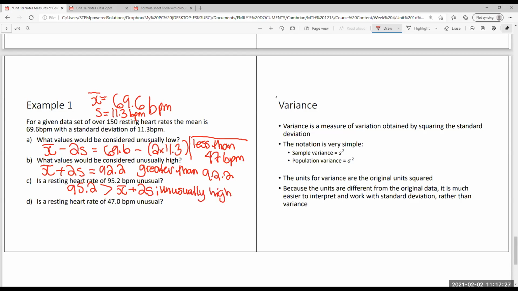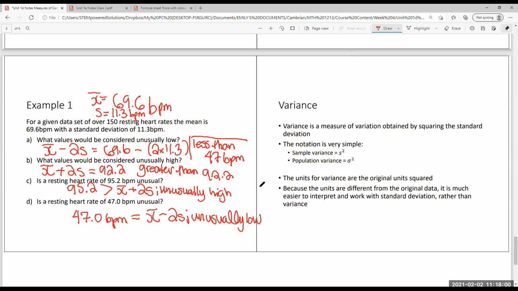Okay, what about, is the resting heart rate of 47.0 unusually low? Yes. Yeah, so 47.0 beats per minute is equal to x bar minus 2s, so it's unusually low.